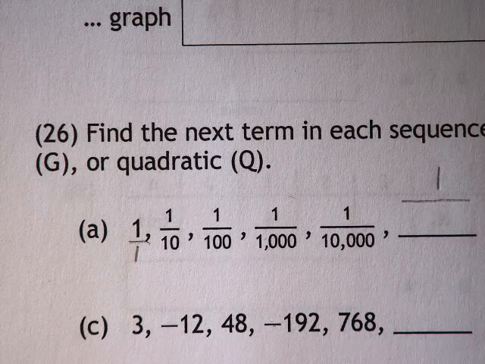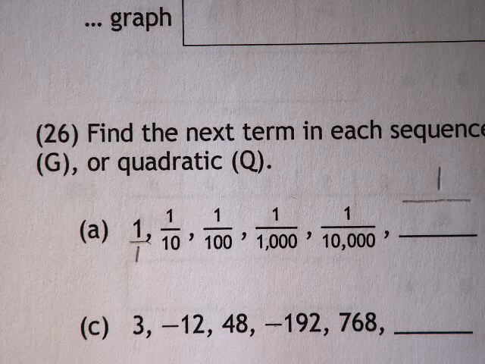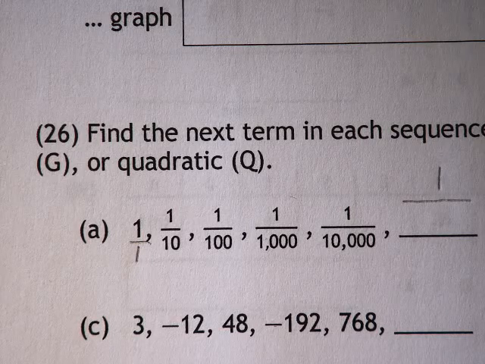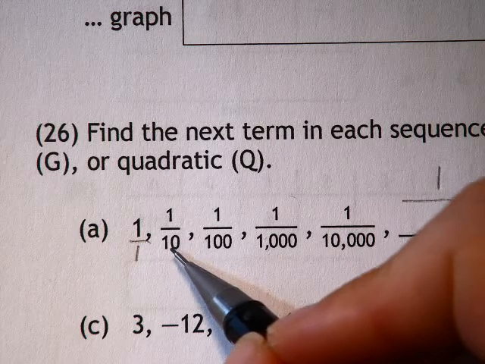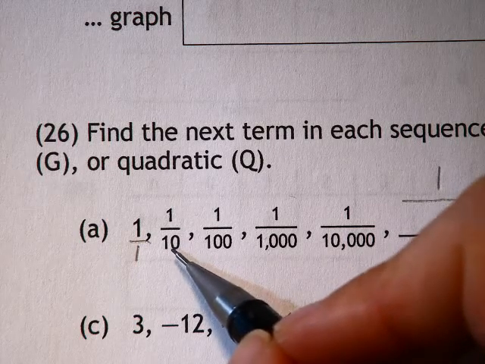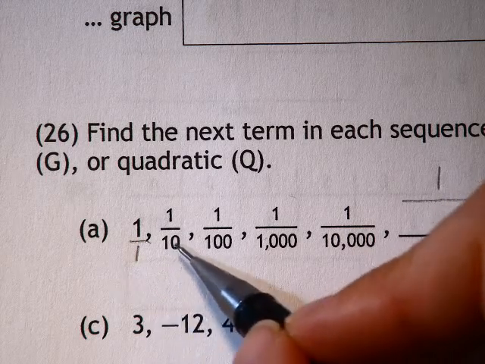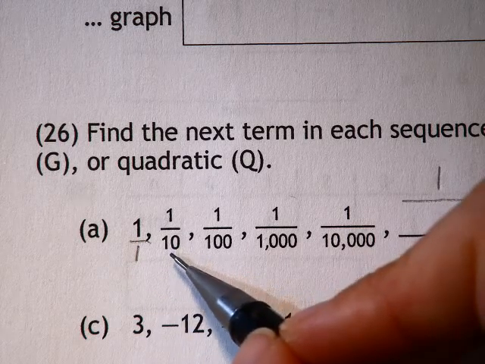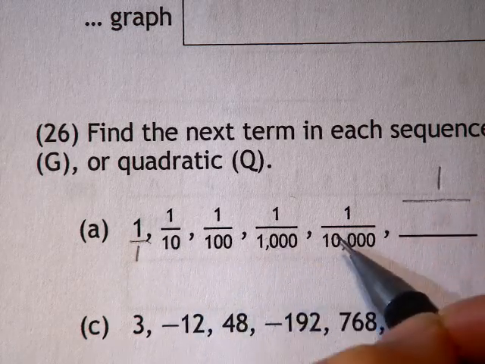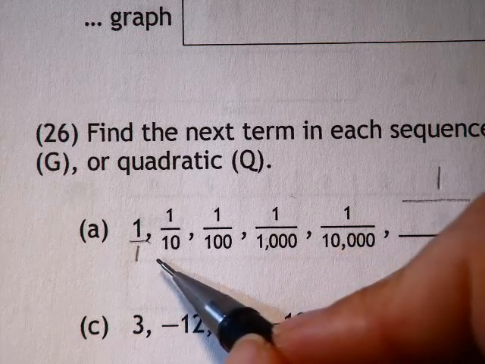But let's be a little bit more mathematically rigorous. In the denominator, to get from a 1 to a 10, there are a few ways I can do this. I can add 9, or I could multiply by 10. But I want a pattern that works for every set of terms in this list.